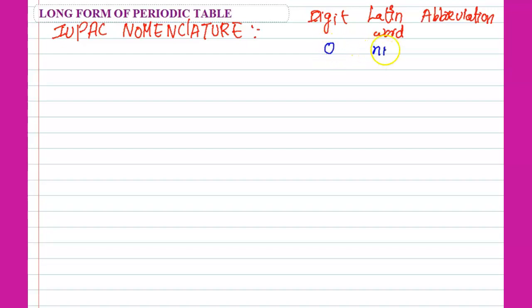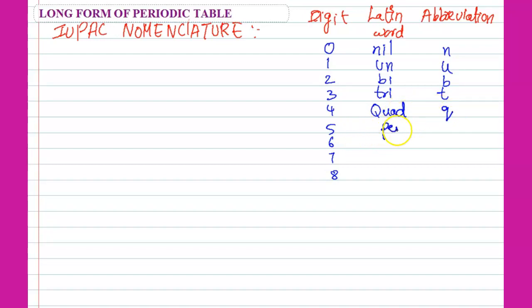Digit 0 is nil, small n. 1 means un, symbol U. 2 means bi, abbreviation B. 3 means tri, T. 4 means quad, small q. 5 means pent, P. 6 means hex, H. 7 means sept, S. 8 means oct, O. 9 means enn, small e.